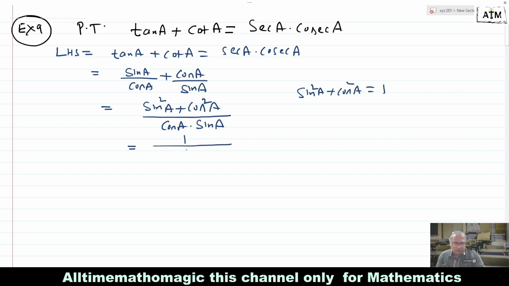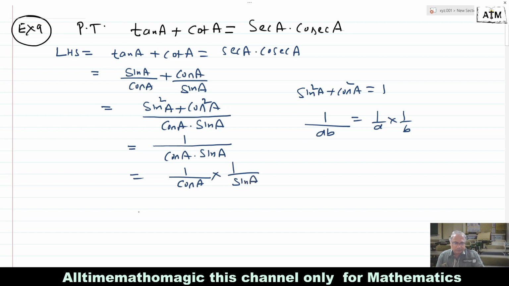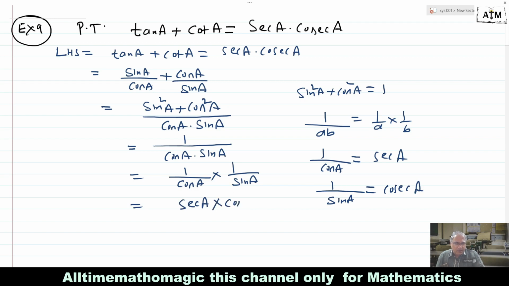Therefore LHS equals 1 upon cos A into sin A. Another formula, 1 upon AB equals 1 upon A into 1 upon B. Therefore this can be written as 1 upon cos A into 1 upon sin A. And now 1 upon cos A equals sec A, and 1 upon sin A equals cosec A. Therefore in place of 1 upon cos A we can write sec A, and in place of 1 upon sin A we can write cosec A. That is what the RHS is now.